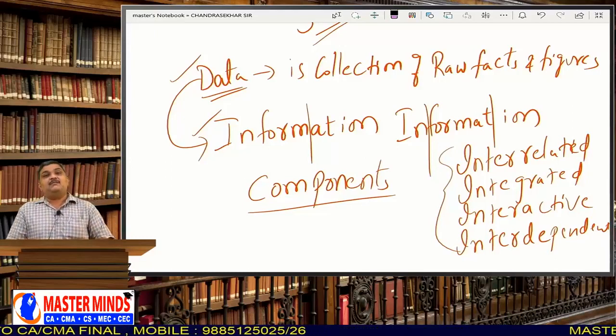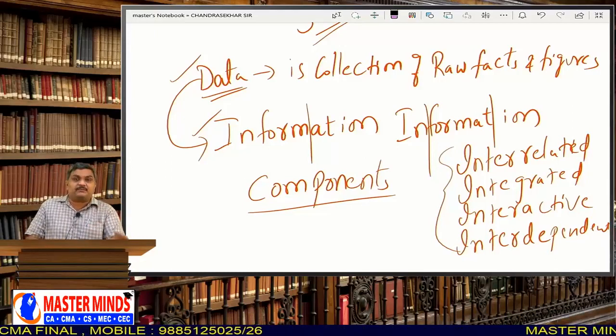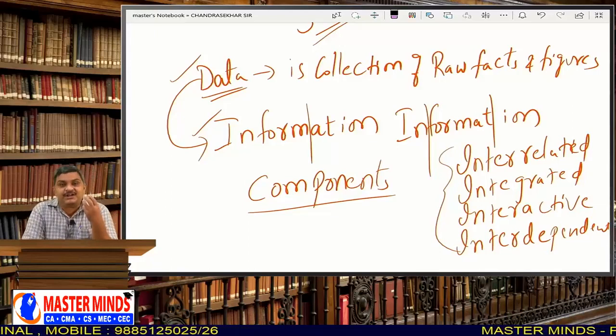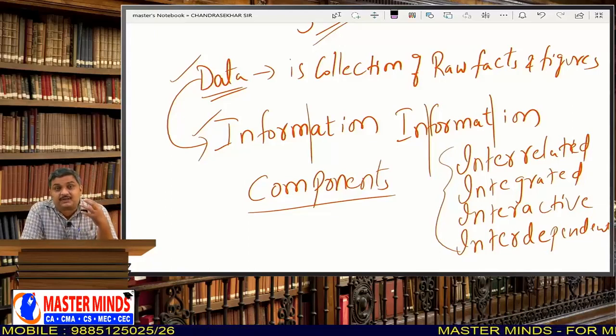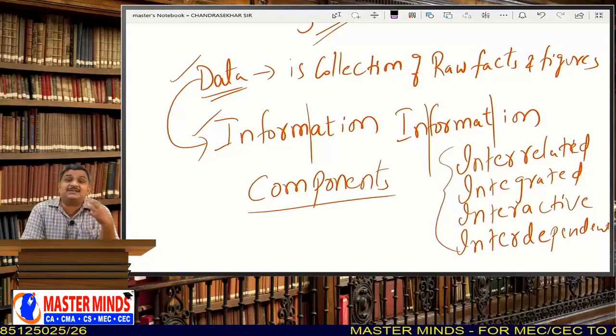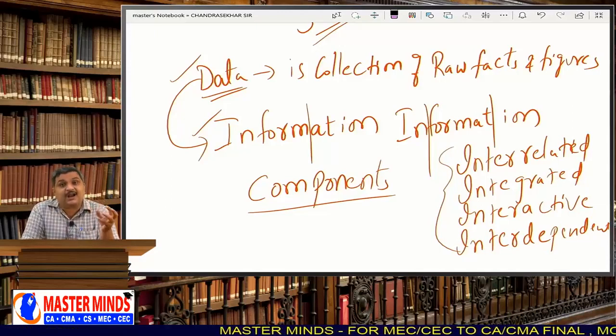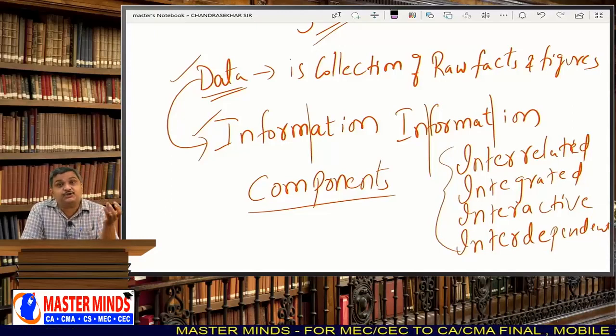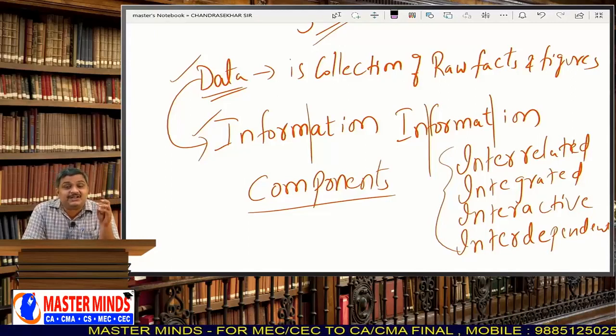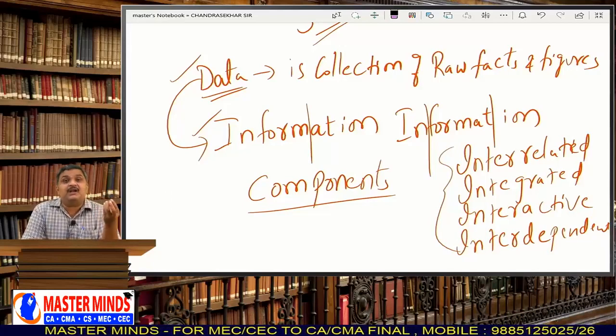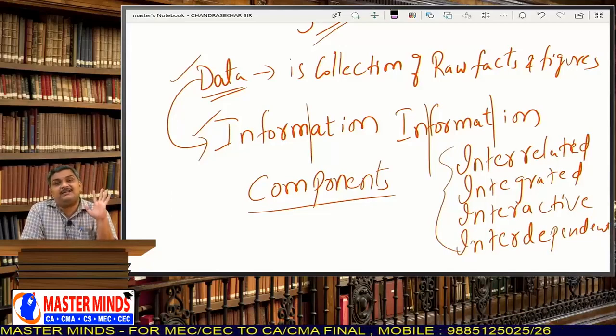When can you call something a system? What is the basic condition that has to be followed? The basic condition is that there should be some components, and all those components should function in an interrelated, integrated, interactive and interdependent manner.